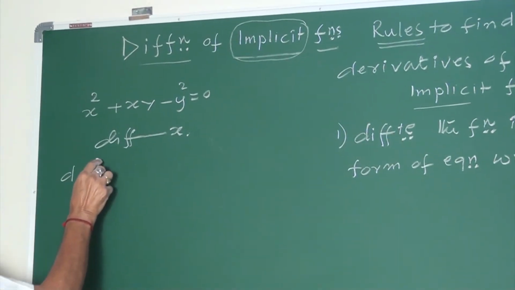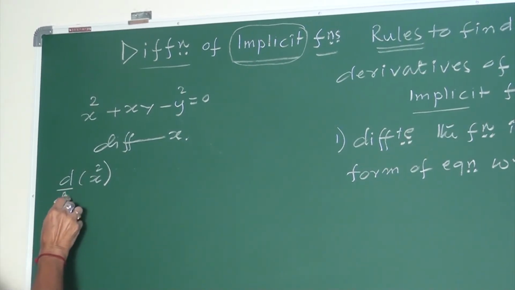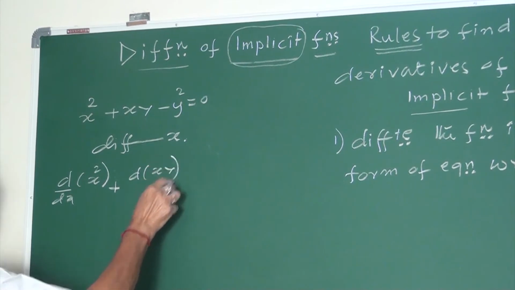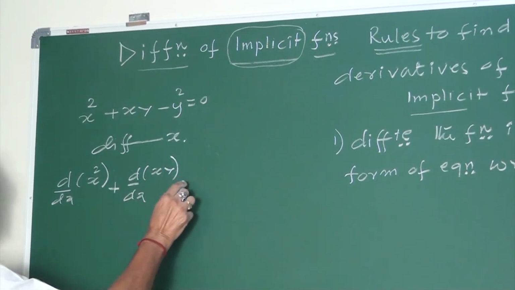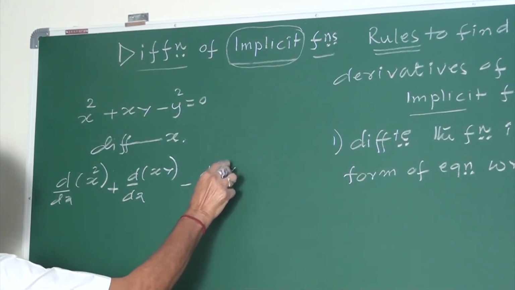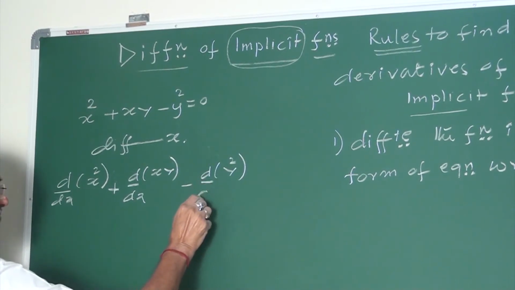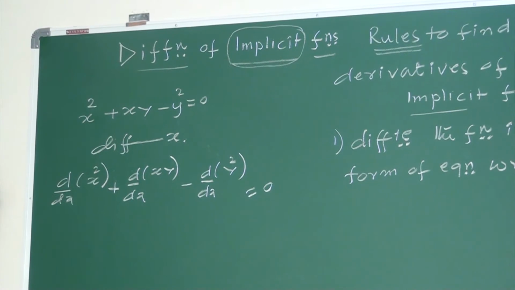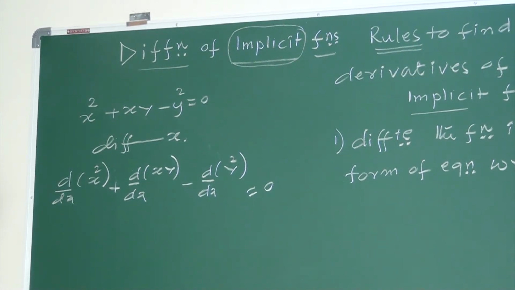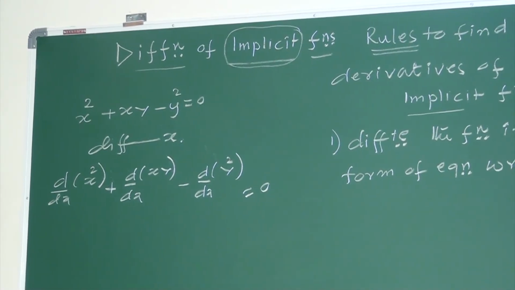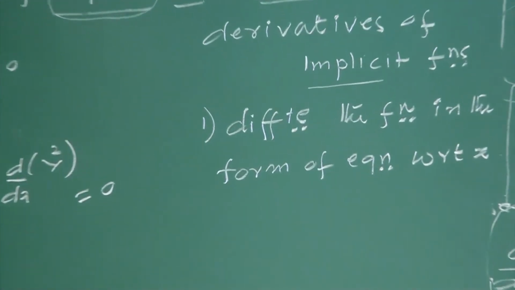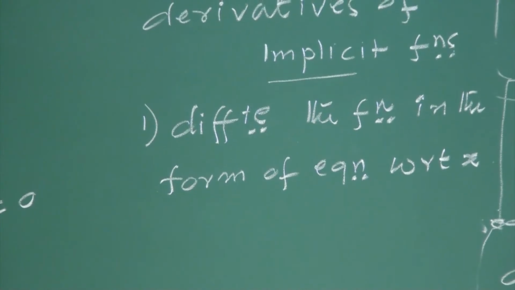Derivative of first, x square with respect to x, plus derivative of xy with respect to x, minus derivative of y square with respect to x, equal to 0. First rule: differentiate the given function which is in the form of equation with respect to x.